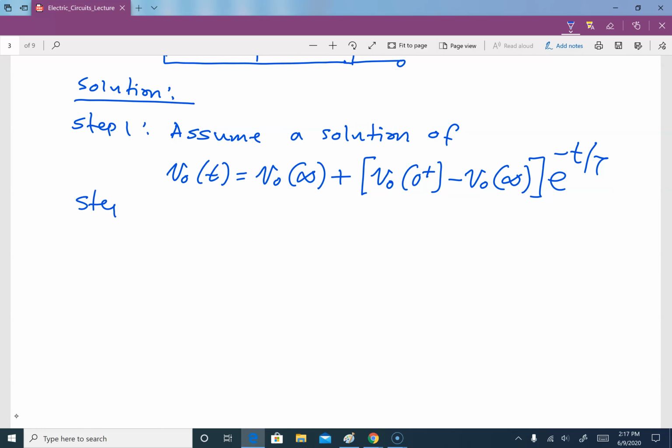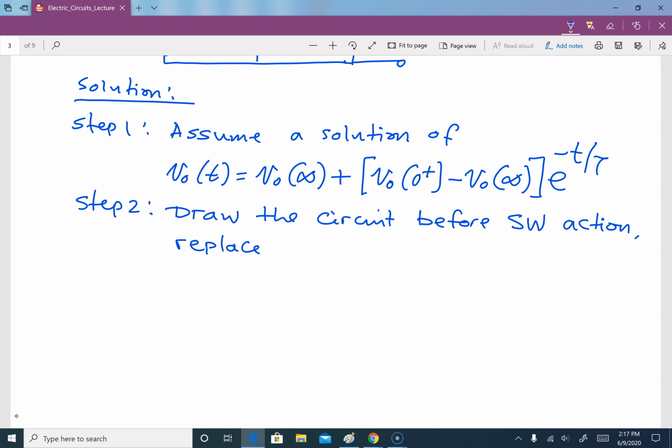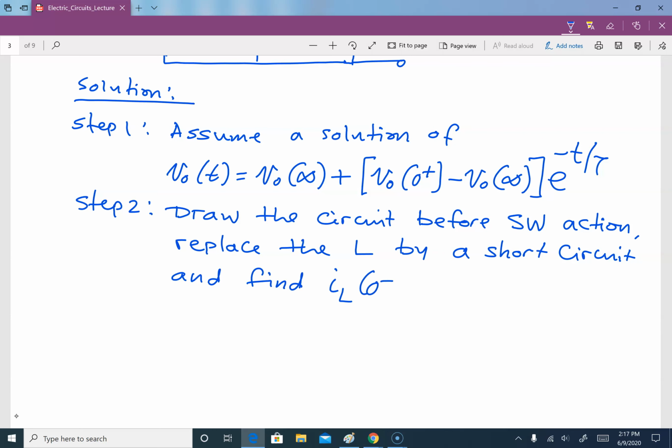Now step number 2, we draw the circuit before switch action, replace the L by a short circuit and find IL of 0 minus.